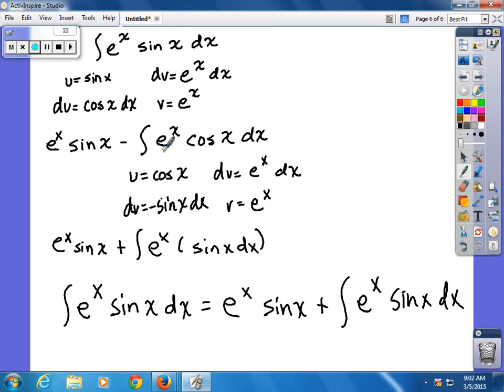E to the x cosine of x. dv is e to the x, v is e to the x. du is negative sine of x. That will give me e to the x sine of x minus cosine x e to the x, correct?